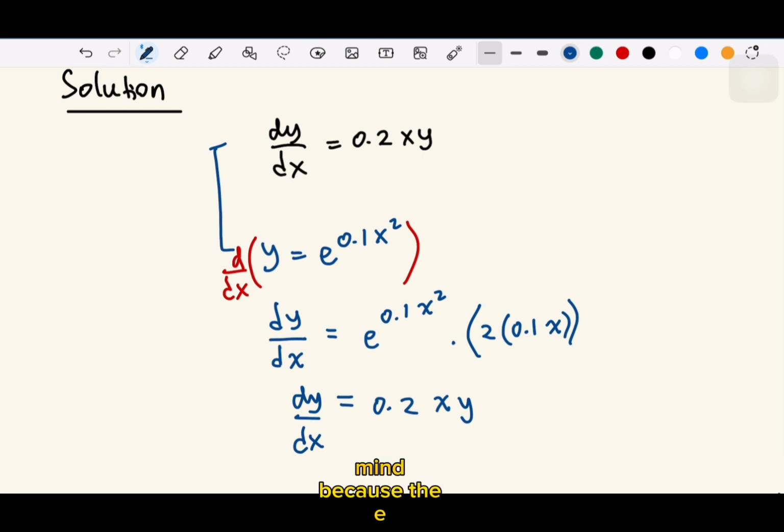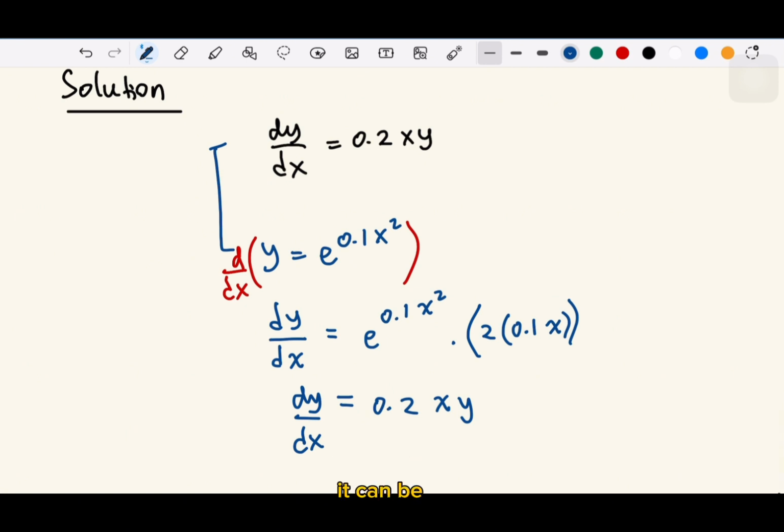And you need to keep in mind, okay, because of the e exponent, if we derive or if we integrate, this exponent will appear again and again and again, right? So it's best to think that this is kind of a multifunction, okay? I mean, for our solution.